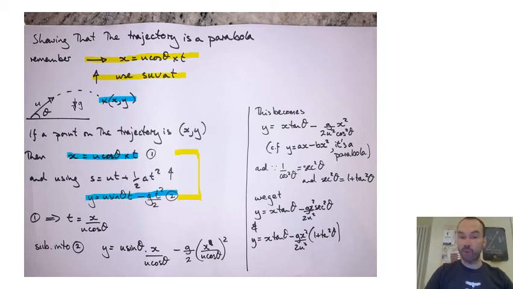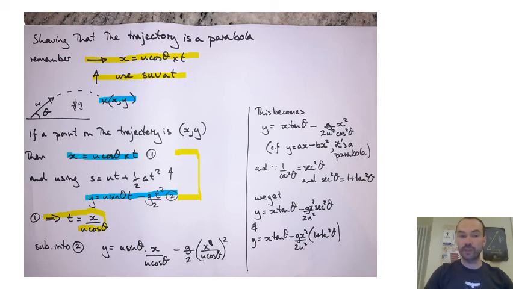Now, if I want to combine a pair of parametric equations to get a single Cartesian equation, rearrange one of them to make the parameter the subject, substitute to eliminate, and then see what you've got. So, equation 1, t equals x over u cos theta.